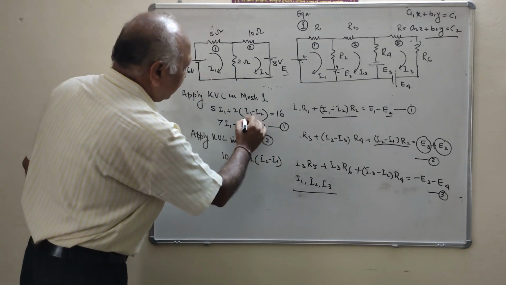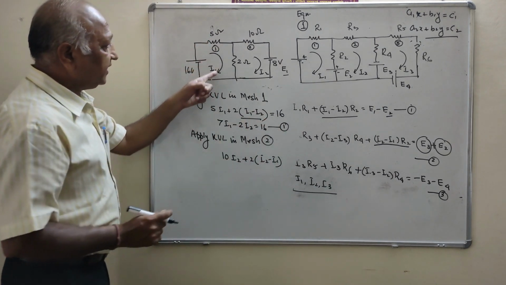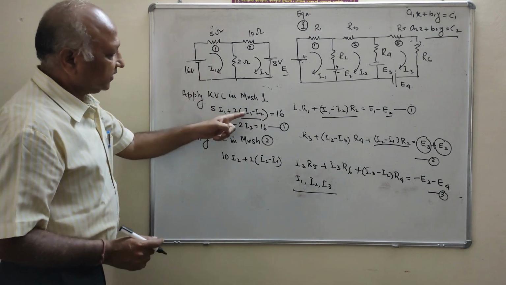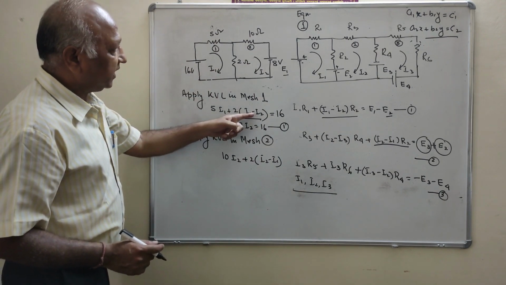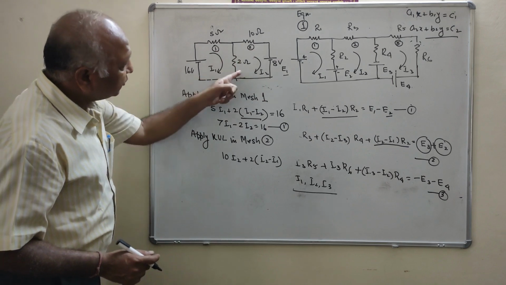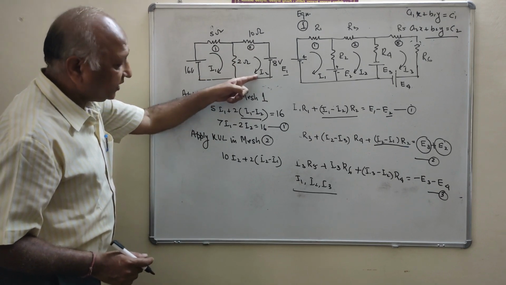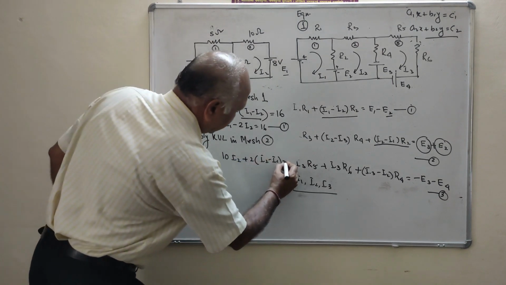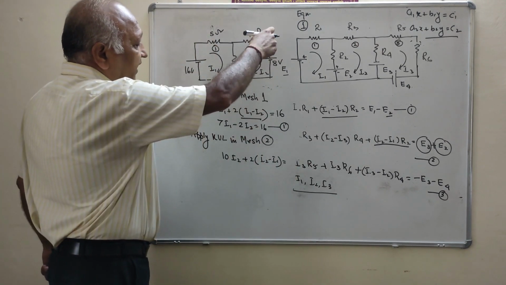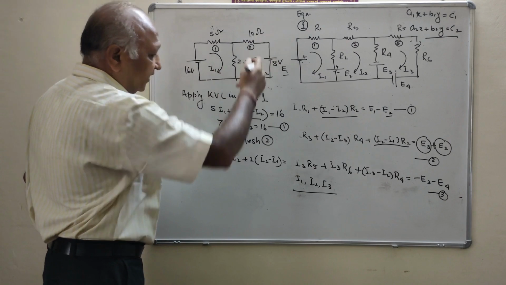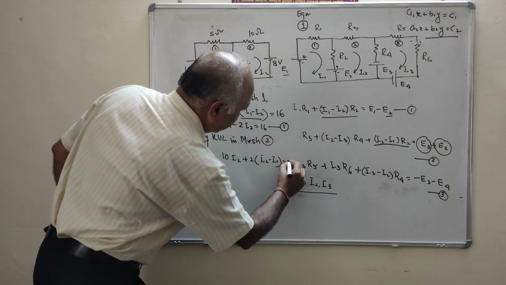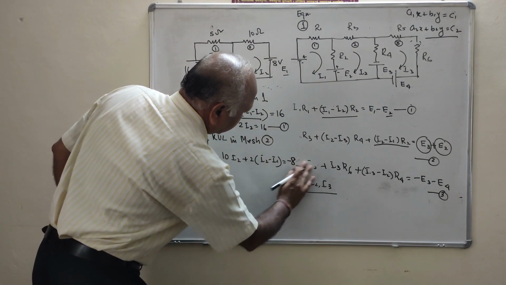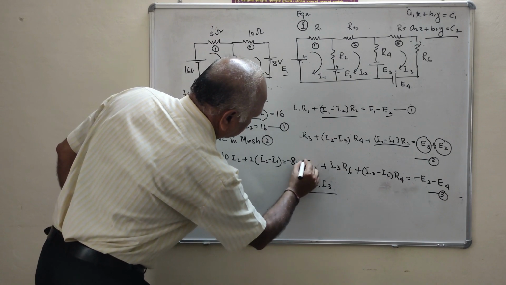Understand? Here for mesh 1, the dominating current is I1, so that is I1 minus I2. But in mesh 2, the dominating current is I2. That will be 2I2 minus I1. Here, the current is going from positive to negative, and it will be written as minus 8. Say this is equation number 2.